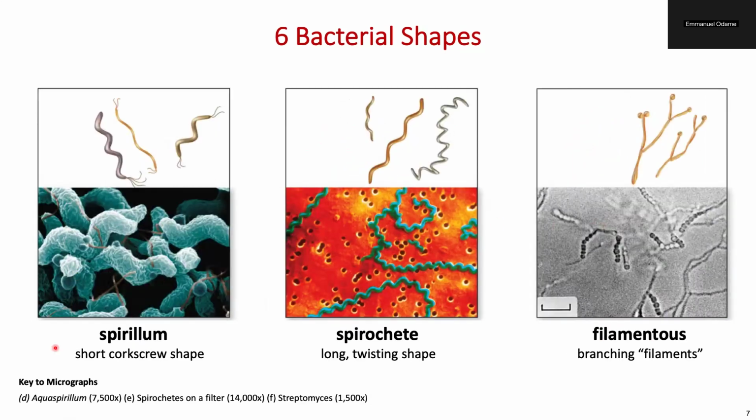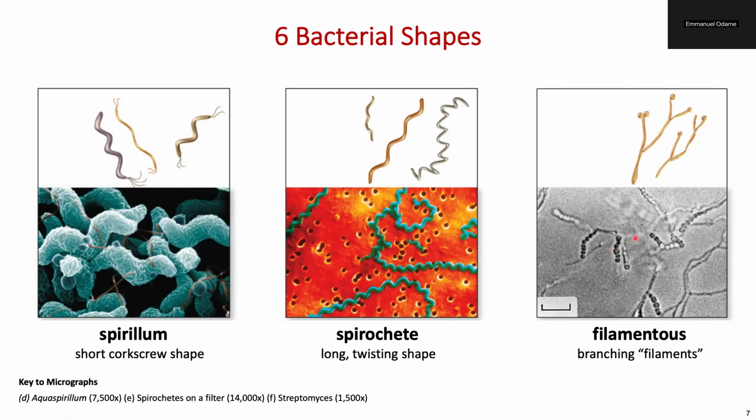Then we have the spirillum, which is spiral and comes in a corkscrew shape. Then we have the spirochete, which is very long and twisting. And lastly, we have the filamentous shape, forming filaments or branches.